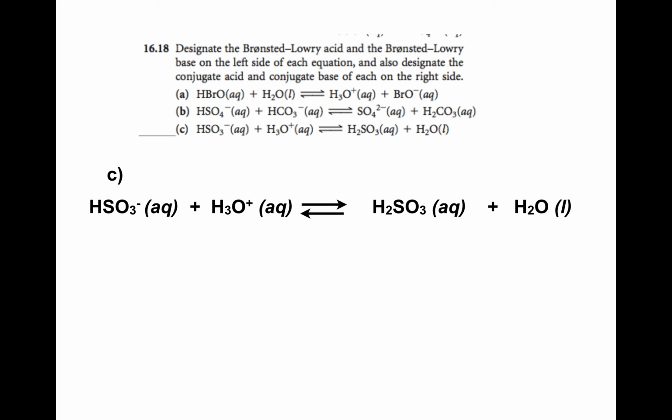We've got hydrogen sulfite reacting with hydronium ion to form sulfurous acid and water. In this situation, hydronium ion is acting as the acid, putting an H onto hydrogen sulfite to form the conjugate acid sulfurous acid, and the conjugate base of hydronium ion is water.